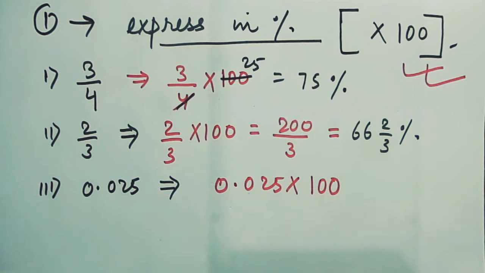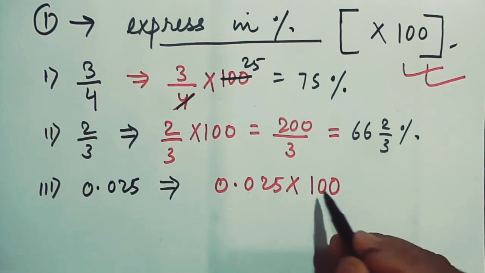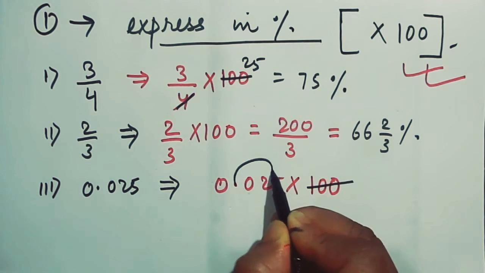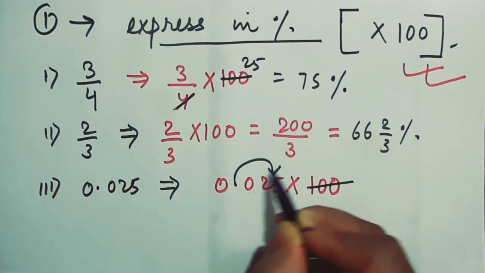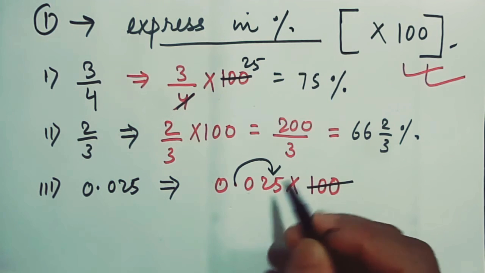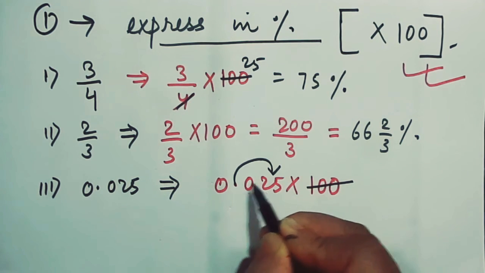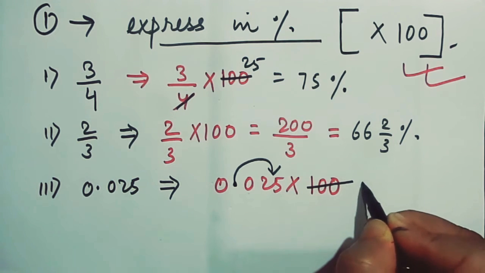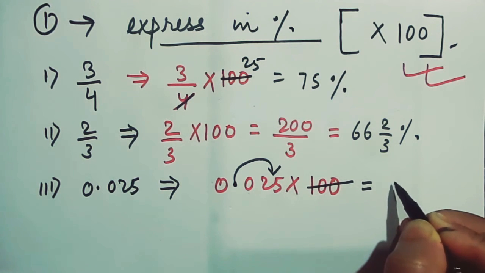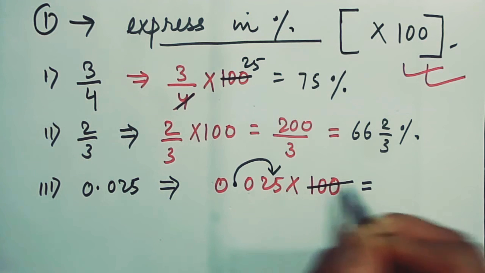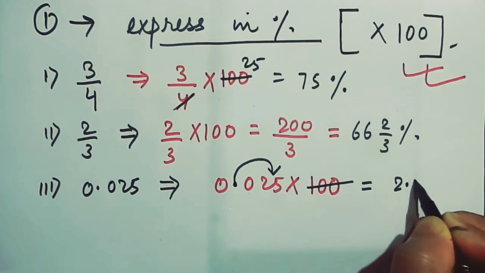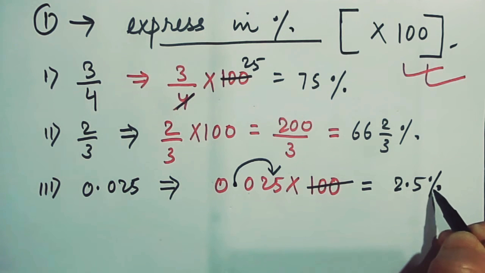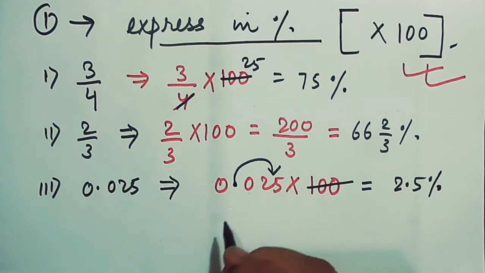When you cancel these two zeros, the decimal will shift two places towards your right hand side. Why? Because when you multiply a number, the value of the number becomes bigger. So this will be equal to 2.5 percentage. Please do not forget to put the sign of percentage.